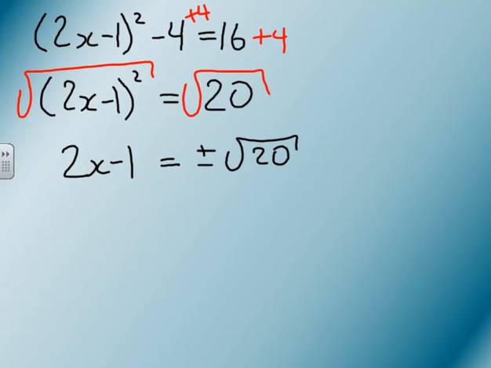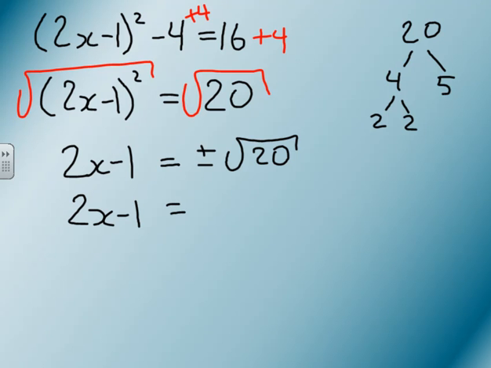Now, square root of 20, if I break it down, is the square root of 4 times 5, which is 2 times 2. I end up having 2x minus 1 equals plus or minus, so I'll take these 2's out, 2 root 5.